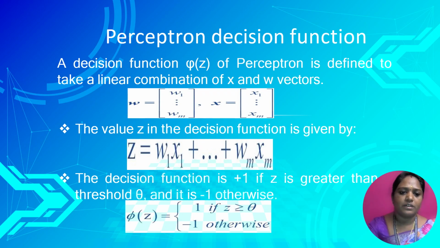The value of Z in the decision function is given by multiplying the input values and weight values and summing them all up. So the decision function is +1 if Z is greater than the threshold theta, and -1 otherwise, which produces the false statement.